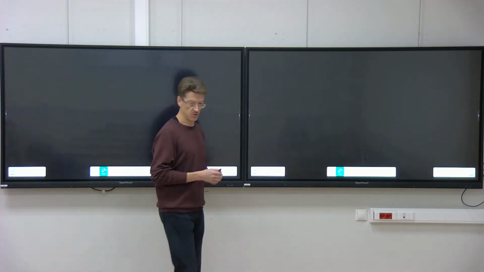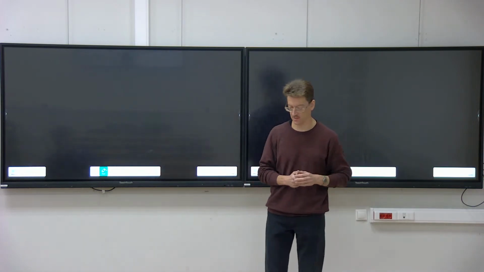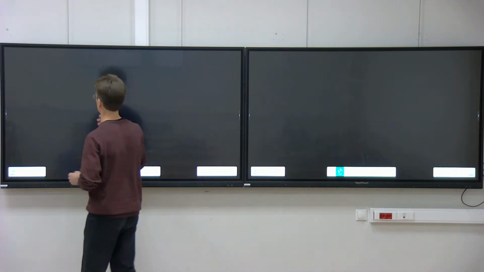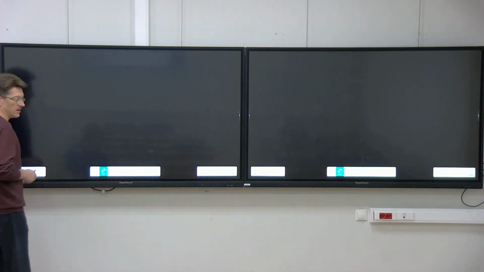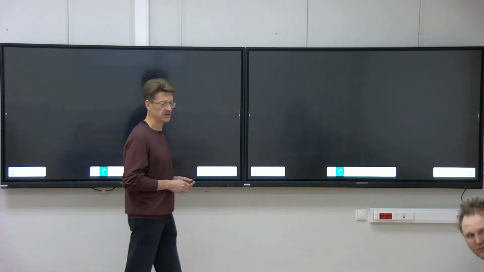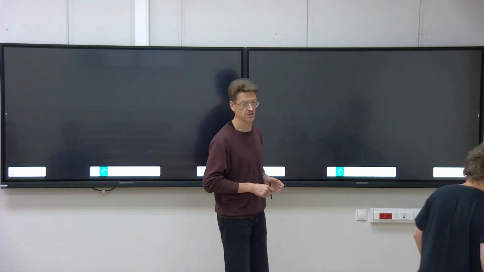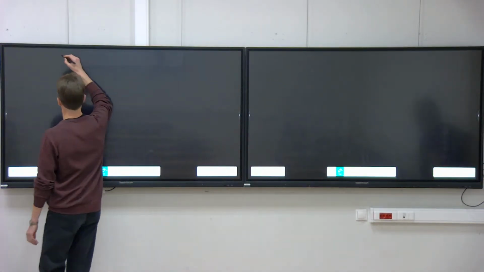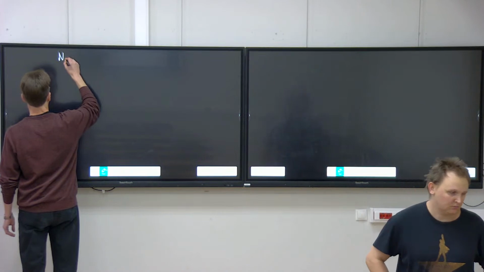Okay, so our main goal for today is to discuss the notion of completeness for topological vector spaces. Well, first of all, before we define completeness, let's make a short digression to general topology, and let's talk about nets. Nets in topological spaces.